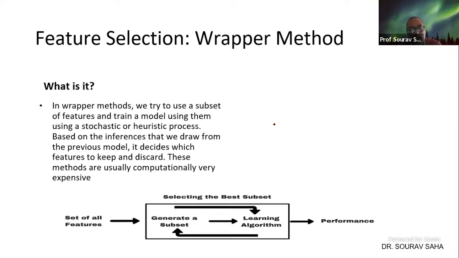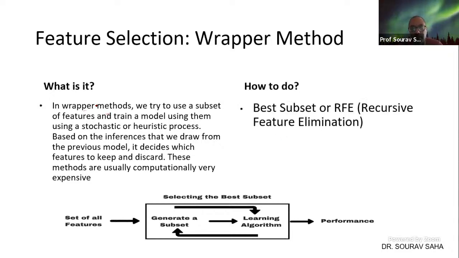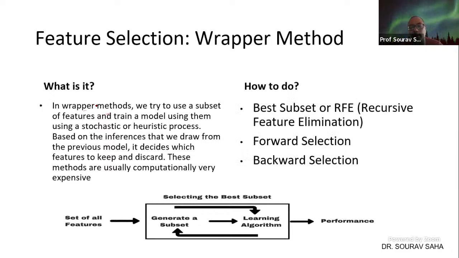This one is computationally very expensive, because within the modeling process itself, it tries to select the best possible features.